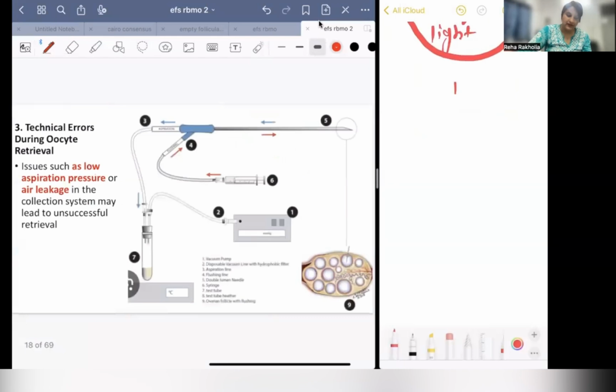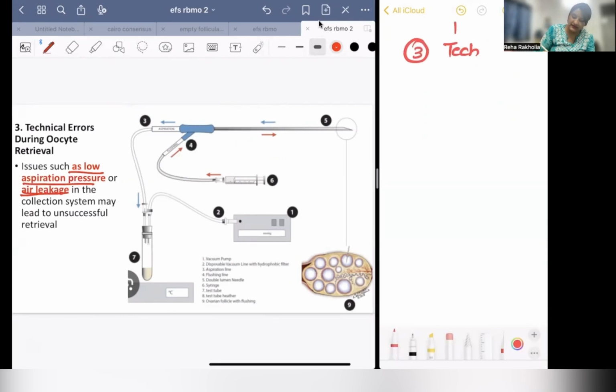Third is technical error during oocyte retrieval. Technical error either due to low air pressure or air leakage. Either pressure is low, as with the vacuum pump, or pressure is inadequate, or there is leakage somewhere in the system.